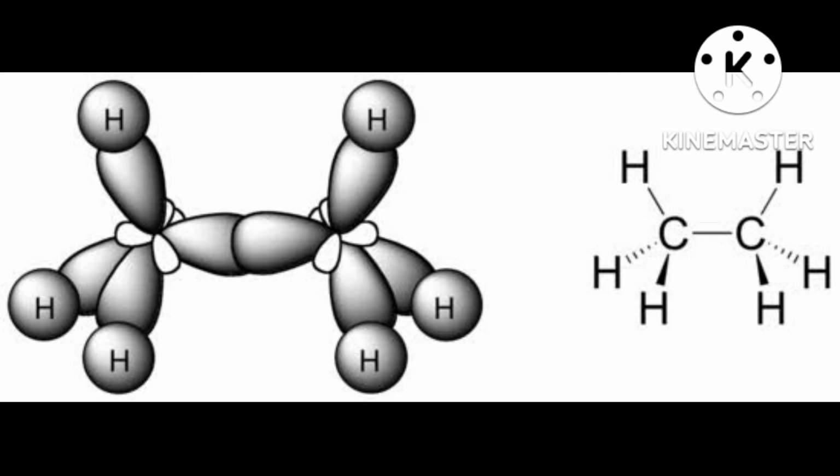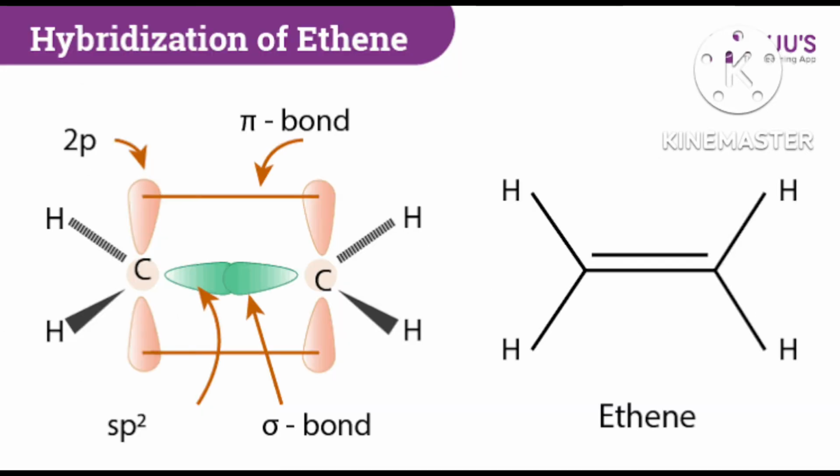Here the pi bond is forming due to lateral overlapping of the unhybridized orbital, which consists of two equal electron clouds distributed above and below the plane of carbon and hydrogen atoms.